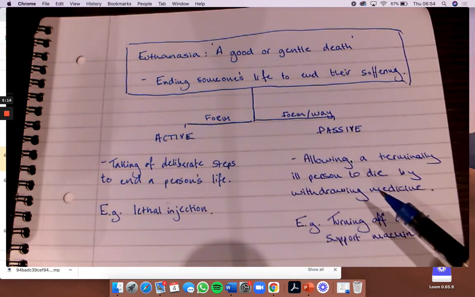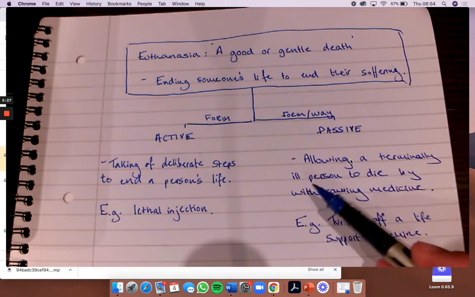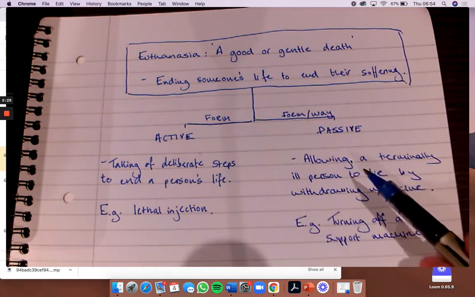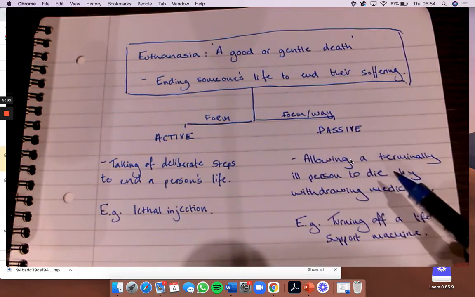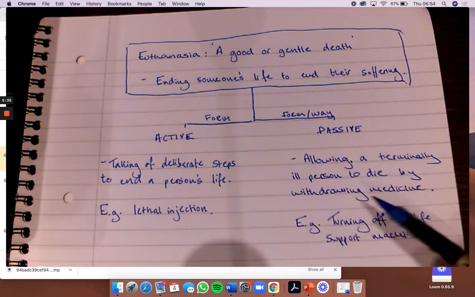Passive euthanasia is taking that medicine away so that they might die naturally. Remember that terminally ill means that the illness that the person has is going to kill them eventually. It is the medicine that's keeping them alive.